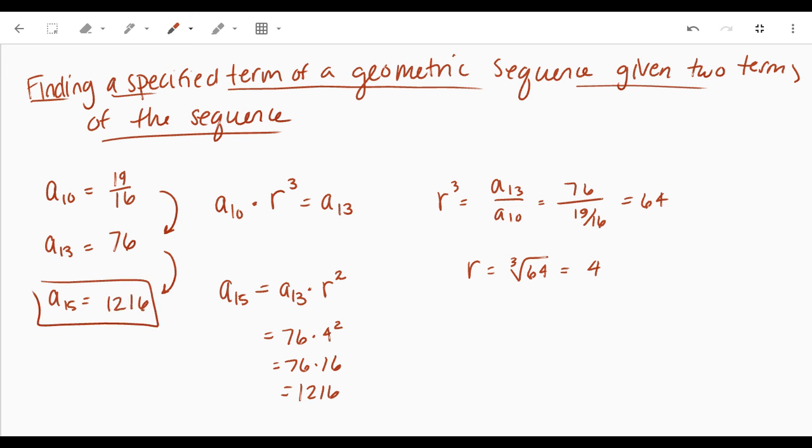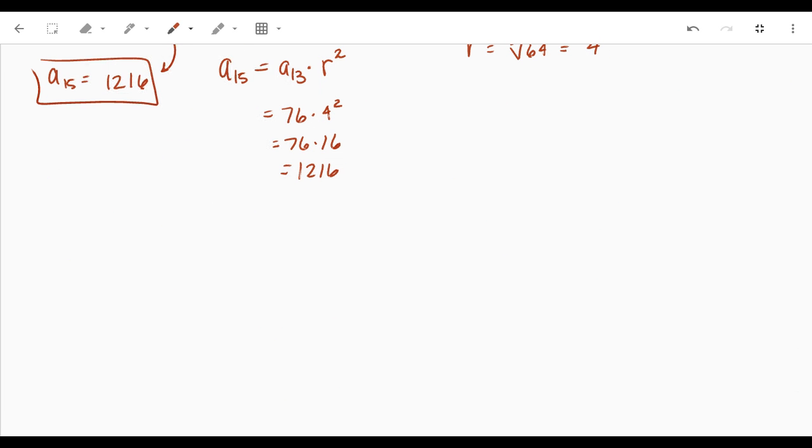Okay, I'll do another one of those just in case you need it. So the next one we have the 8th term is 31 over 125. The 12th term is 155, and we're supposed to find the 16th term. Okay, so again, this is a jump of 4, and this is also a jump of 4.